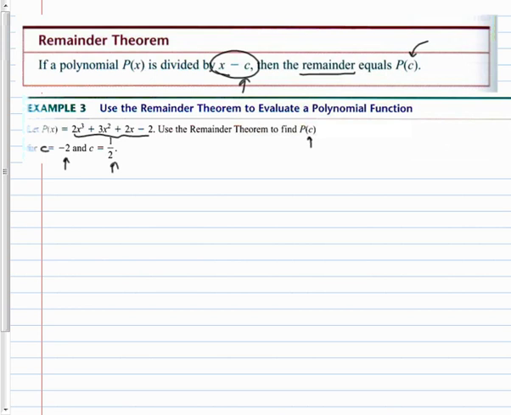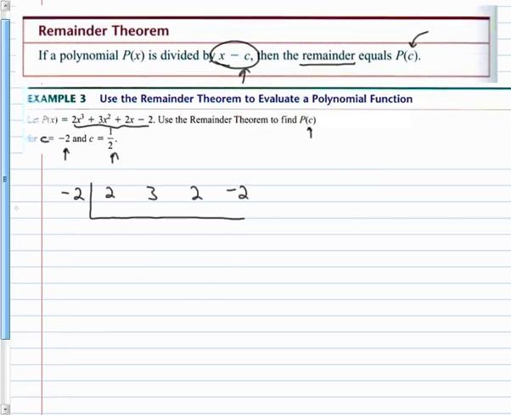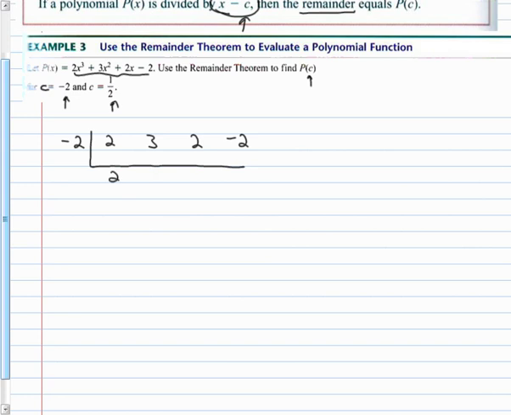So I'm going to take the -2, and it's left as a -2. So I don't change the sign when I'm doing this. And then we're going to do synthetic division. 2x cubed, 3x squared, not missing anything, 2x, -2. So synthetic division, drop down that 2, multiply is -4, adds -1, multiply is 2, add is 4, multiply is -8, add is -10.